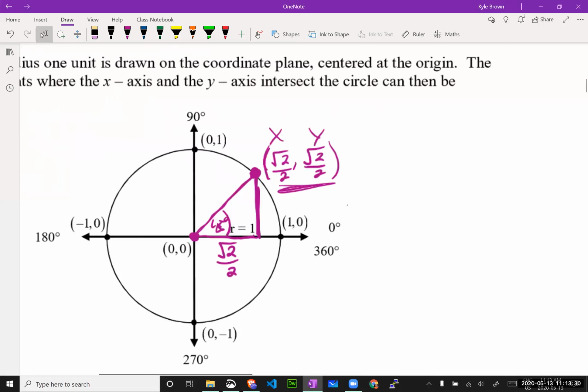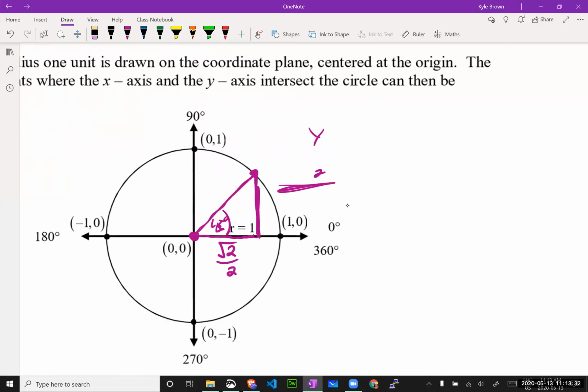So what we just found here was this angle, right? Let's say this is 60 degrees, that's what we just had there, and we drew that same triangle in there.